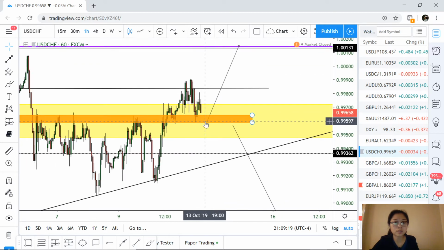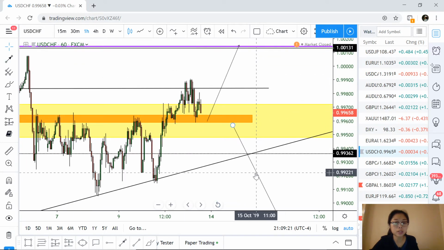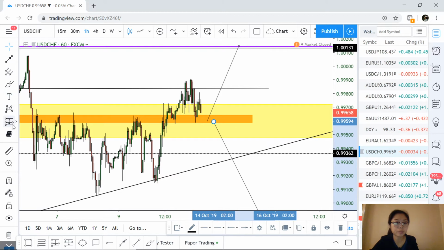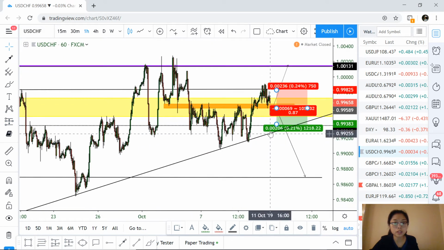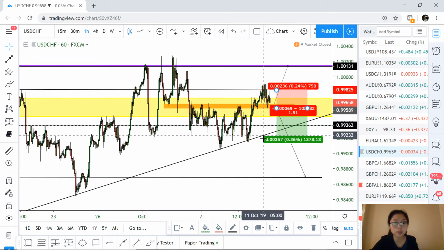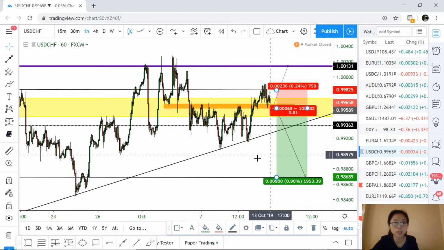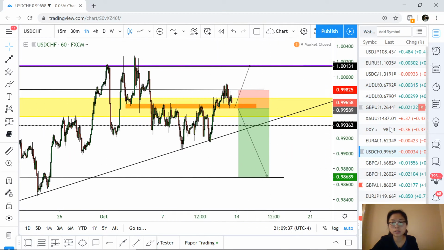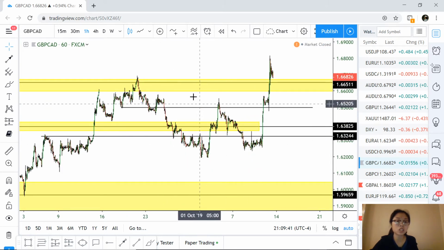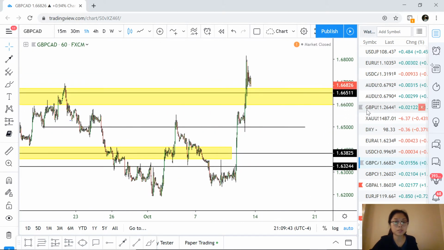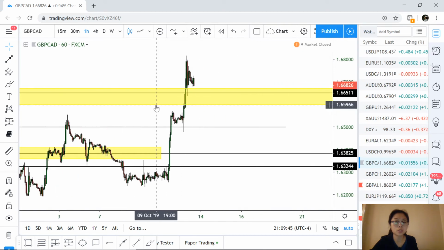If this retest fails, I'm seeing downside, which is this scenario, which you would go in on a retest. So right there, stop loss there, and then your first take profit, second take profit, final TP right there.